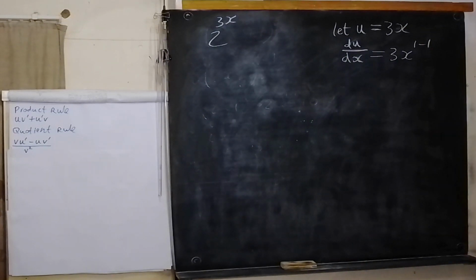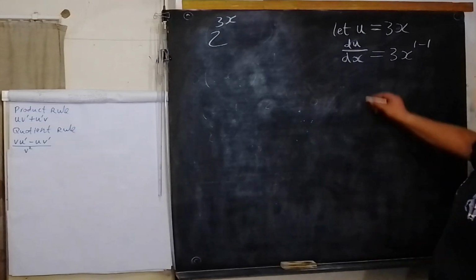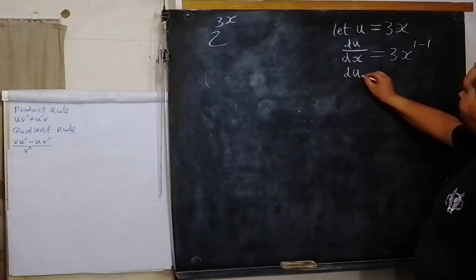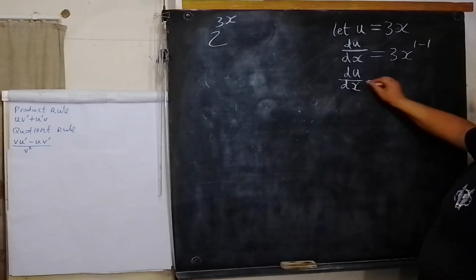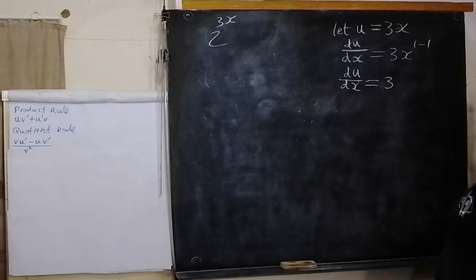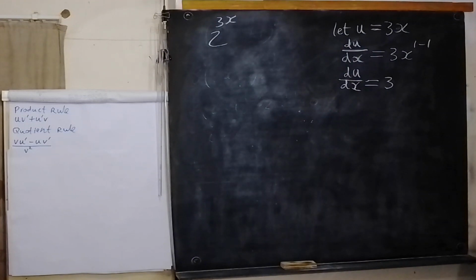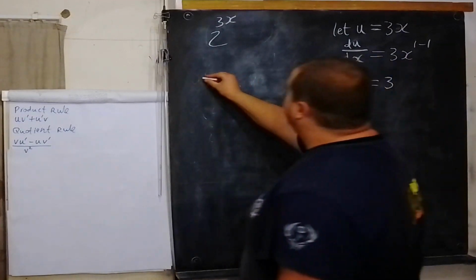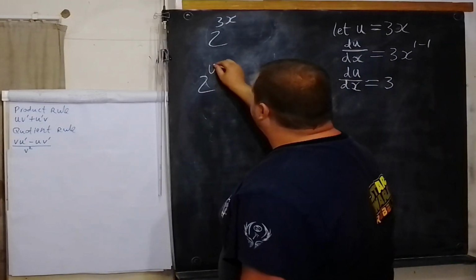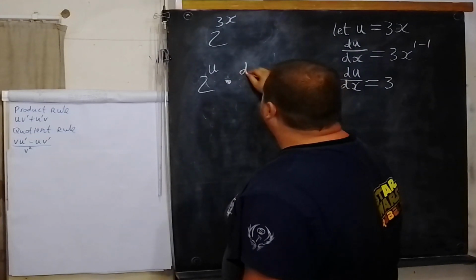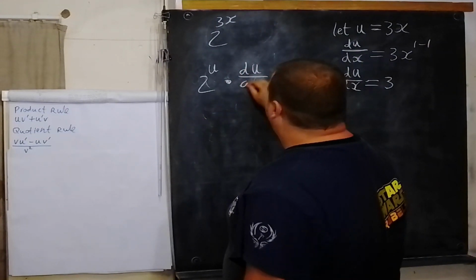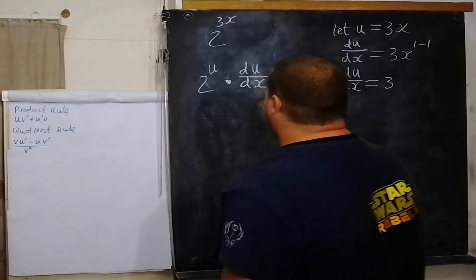So now du over dx equals 3. Right, so how the rest of the sum will go is like this: 2 to the u multiplied by du over dx.